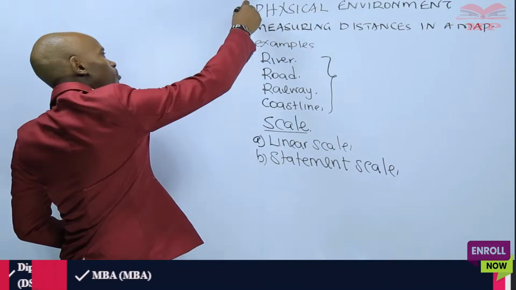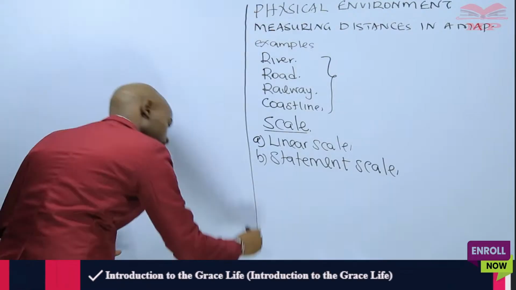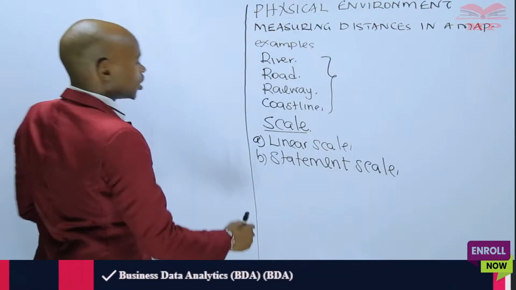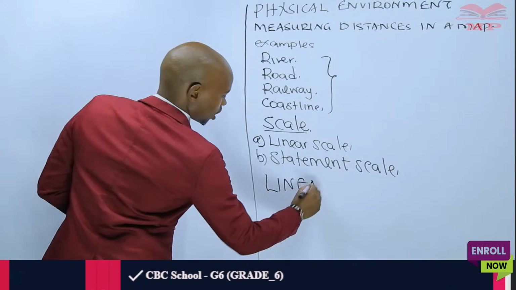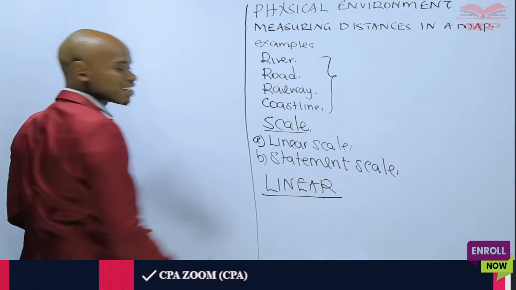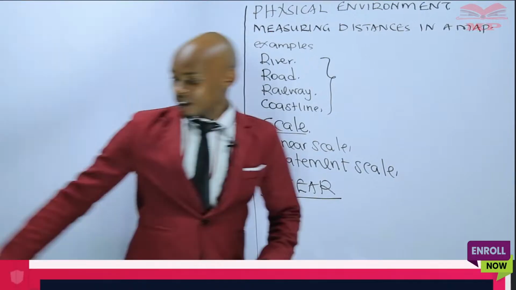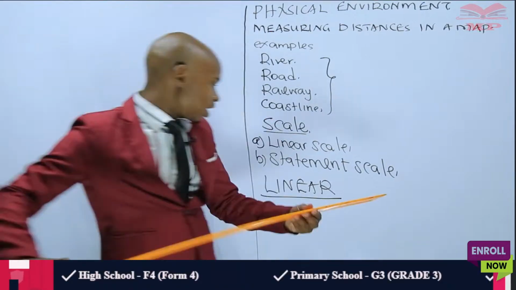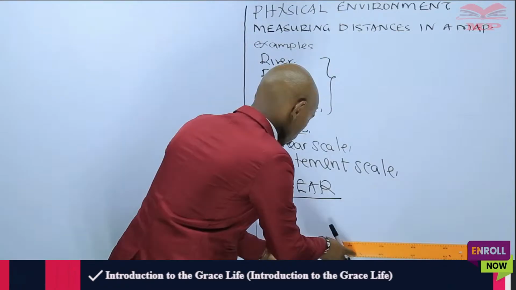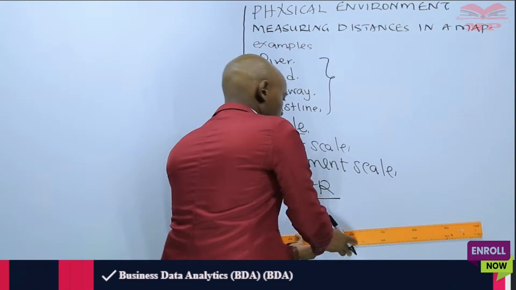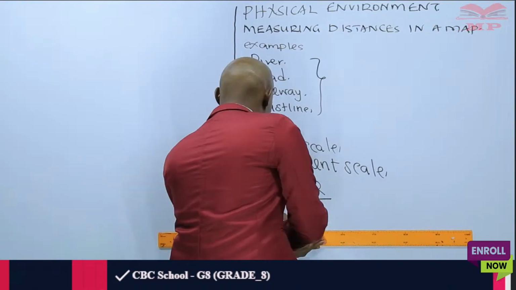Now, maybe to start off, we can explain what a linear scale is, or rather, how a linear scale looks like. It's just a straight line.